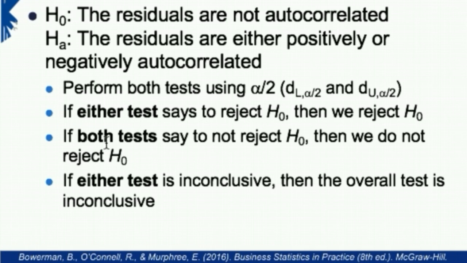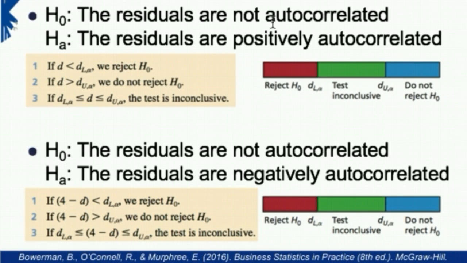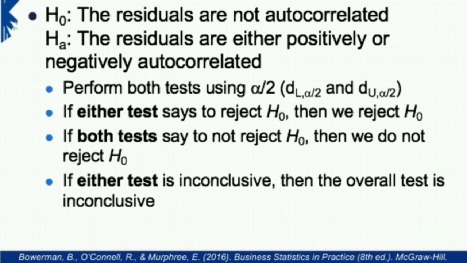Next, if both tests say that we should not reject the null hypothesis, meaning there is no positive autocorrelation and there is no negative autocorrelation, then it means that we do not reject the null hypothesis as well, meaning the residuals are neither positively nor negatively autocorrelated.